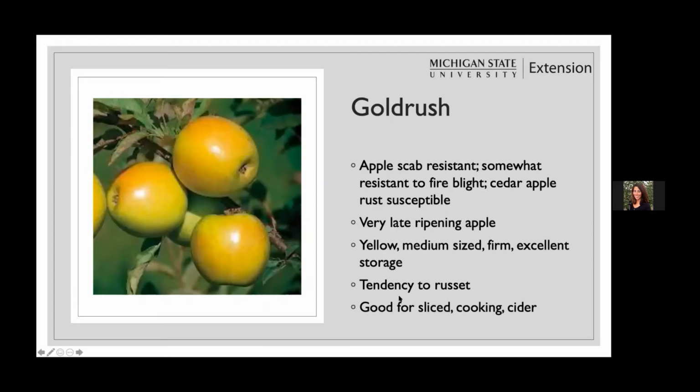This one should also note that it does have a tendency to russet. So for those of you that don't like blemished fruits or that kind of dull russeting on the skin, maybe you don't like the way it feels in your mouth when you're eating it, then you may want to stay away from this one.